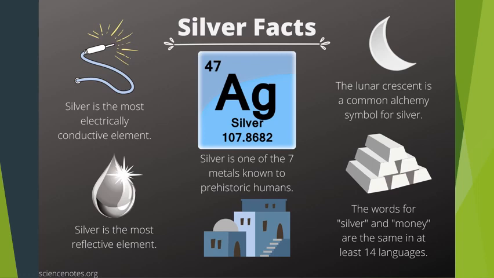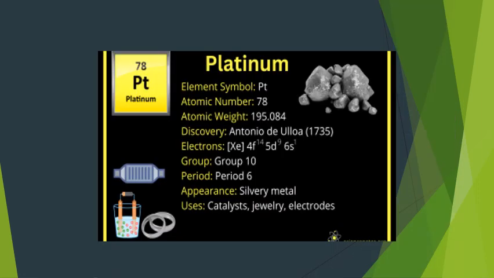Silver is one of the 7 metals known to prehistoric humans, so it was also discovered in the prehistoric time period. The word silver and money are the same in at least 14 languages. The lunar crescent is the common alchemy symbol for silver.